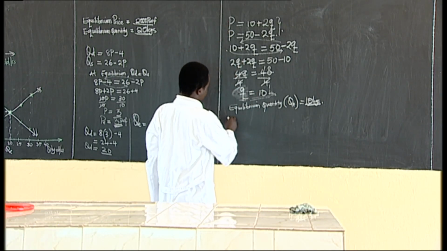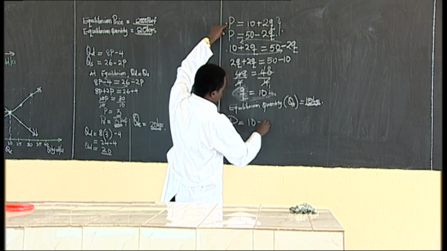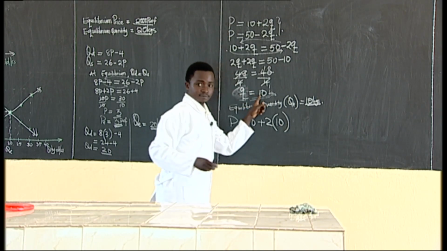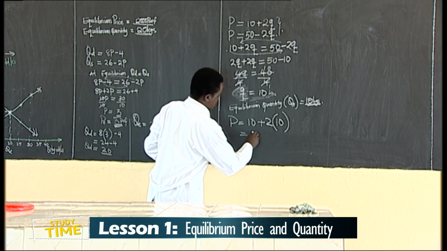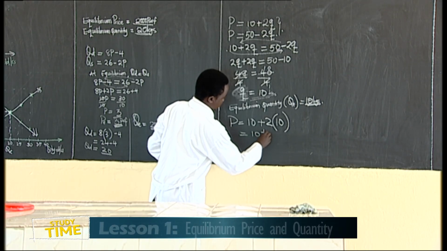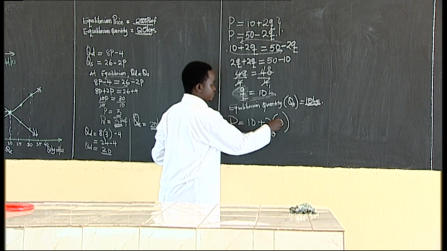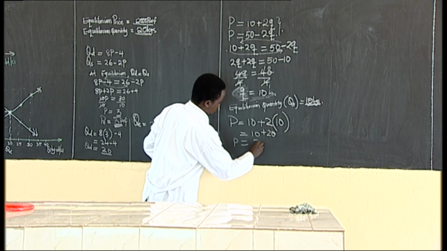For example now, from this equation, P is equal to 10 plus 2 times the value of Q, which is 10. Here you are going to get 10 plus 20. 20 from where? 2 times 10. And therefore, your P is 30.